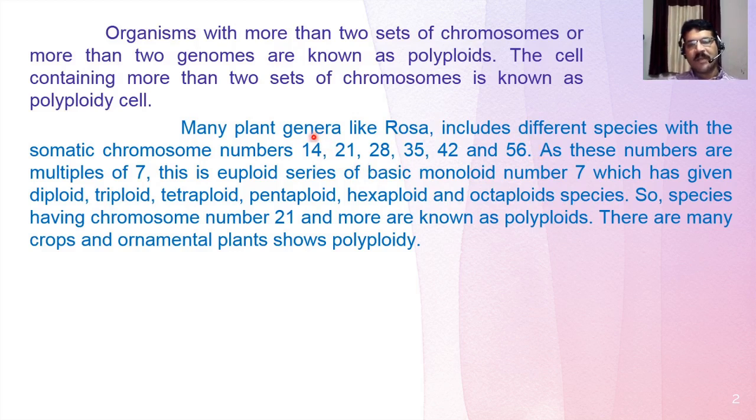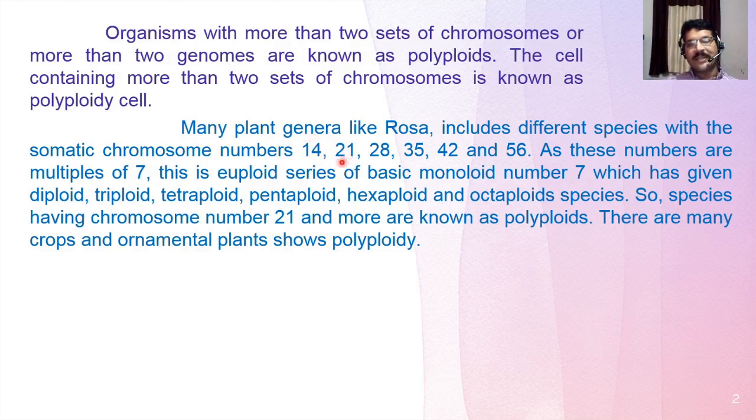If an organism contains only one set of chromosomes, that is 7 chromosomes, this is known as monoploid. If it contains two sets of chromosomes, that is 7 plus 7, a total of 14 chromosomes, then it is known as a diploid species.